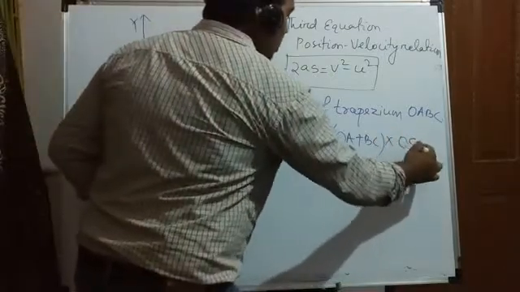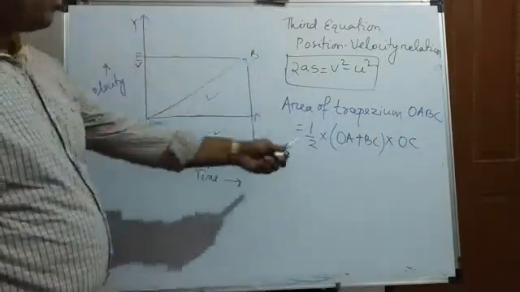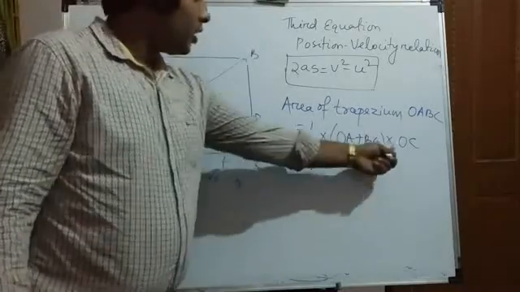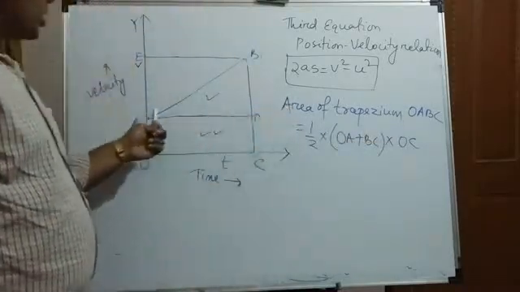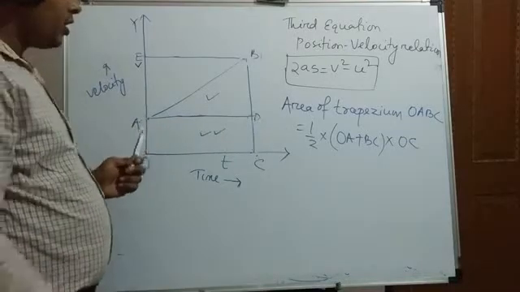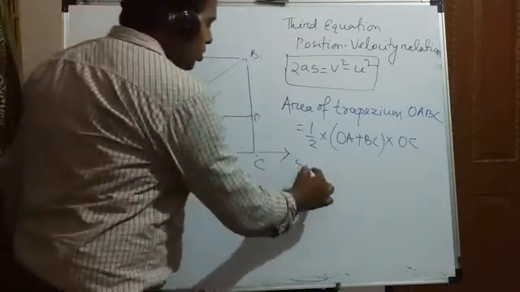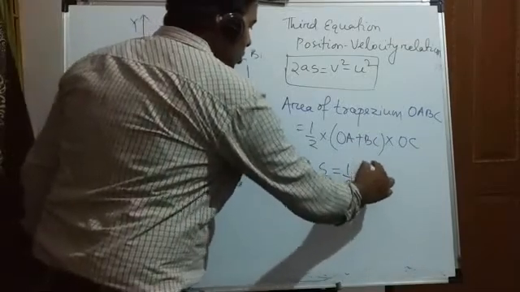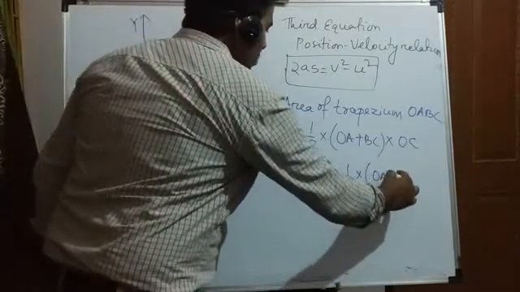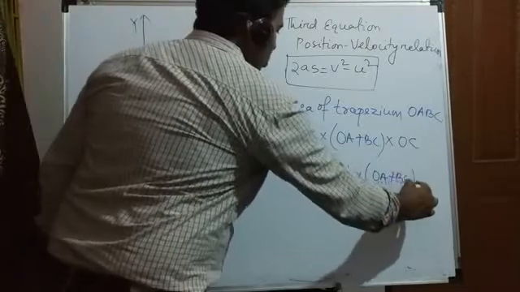And we know that the area of trapezium is the distance covered by the vehicle. So S is equal to half into OA plus BC into OC.